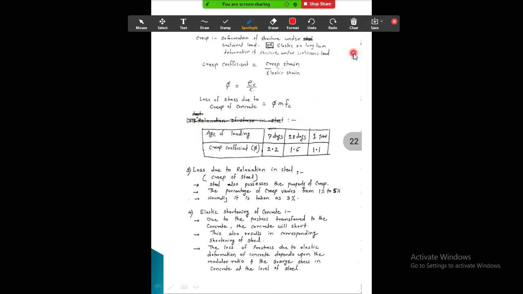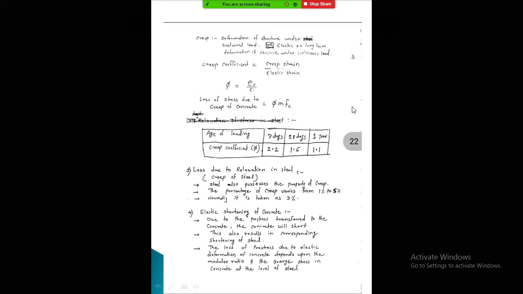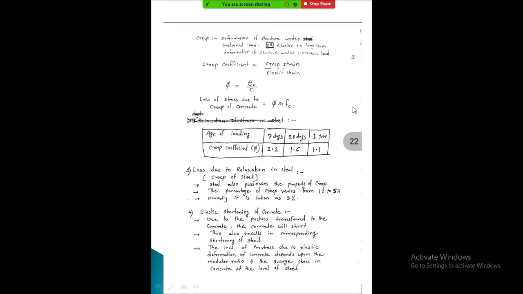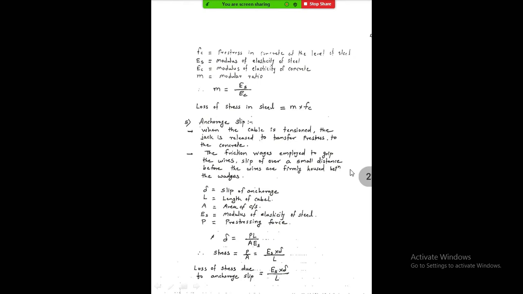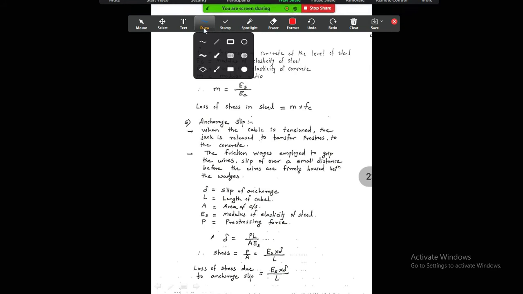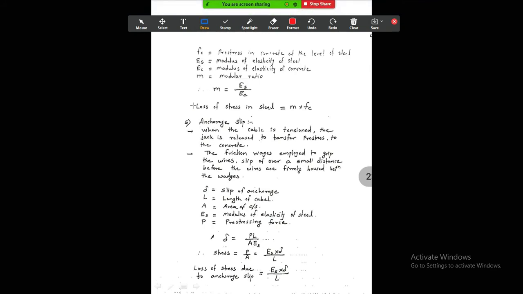The formula for this is in the next slide. The formula is very simple: loss of stress in steel is M into Fc, where M is the modular ratio.